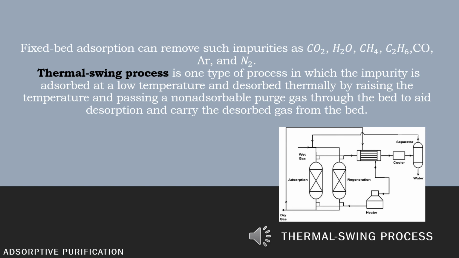One type of process is the thermal swing process, in which the impurity is adsorbed at a low temperature and desorbed thermally by raising the temperature and passing a non-adsorbable purge gas through the bed to aid desorption and carry the desorbed gas from the bed. For continuous operation, two beds are necessary. While one bed is on stream, the second bed is being regenerated.